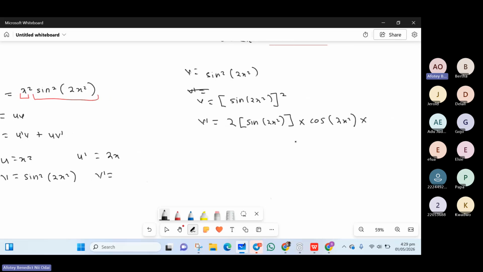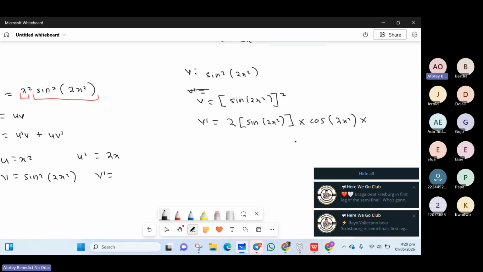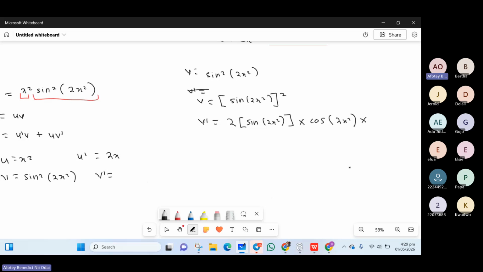So once you have inner functions, a function inside that you've not touched, you differentiate the outer one, and if there's one inside, you differentiate again, and it goes in that order. Times 4x. So this is what we get for v prime.